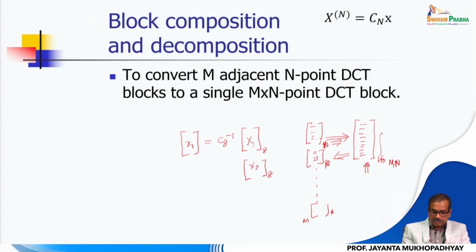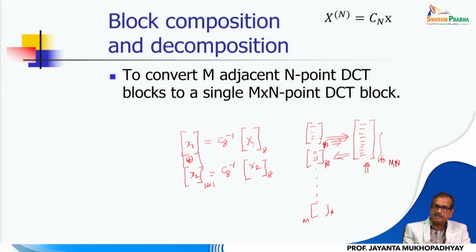Suppose this is X2, I will still apply C8 inverse and I will get x2. Okay. So now if I concatenate them, this is my 16. Simply concatenating these two gives me a length 16 cross 1 vector.